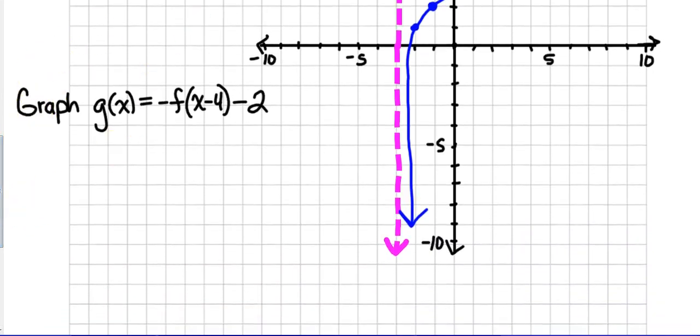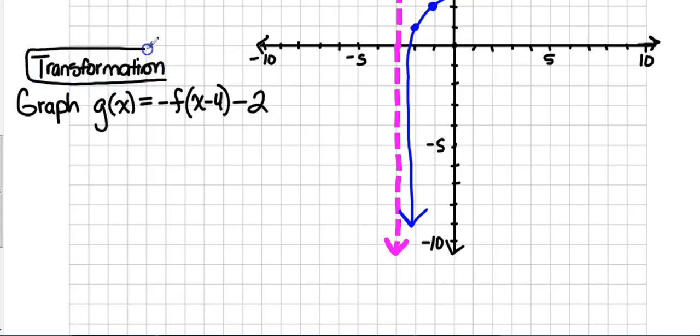We are now into the transformation part of this example. Let's get a menu of what happens here. First, let's discuss that negative out front.